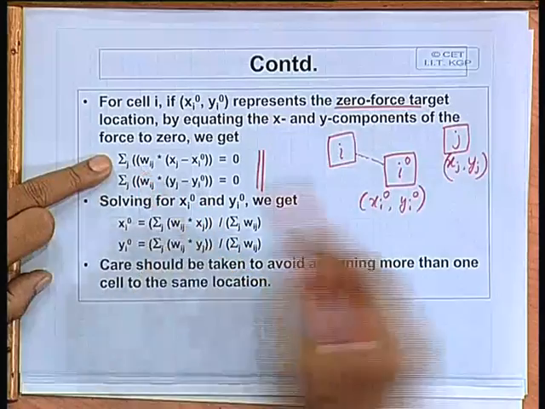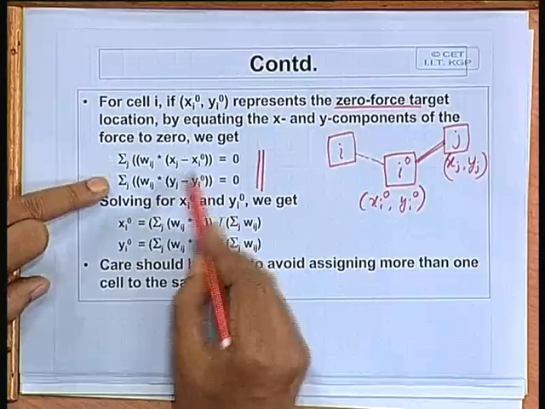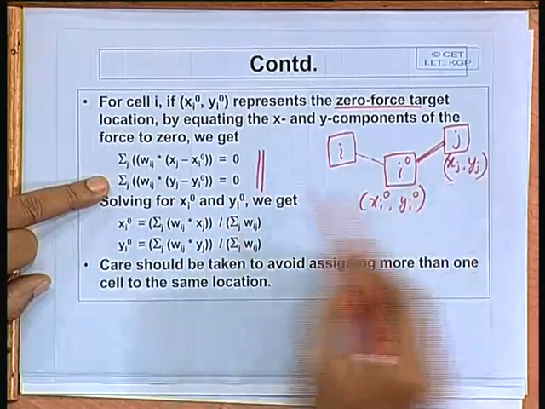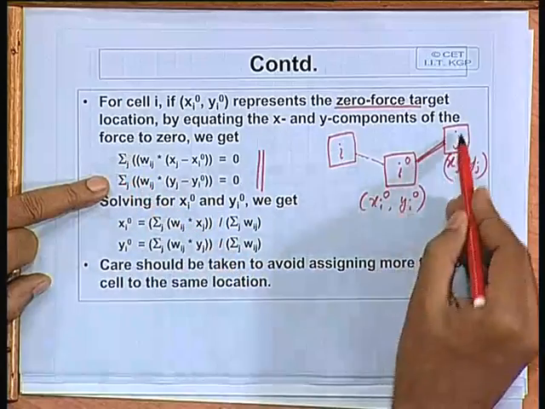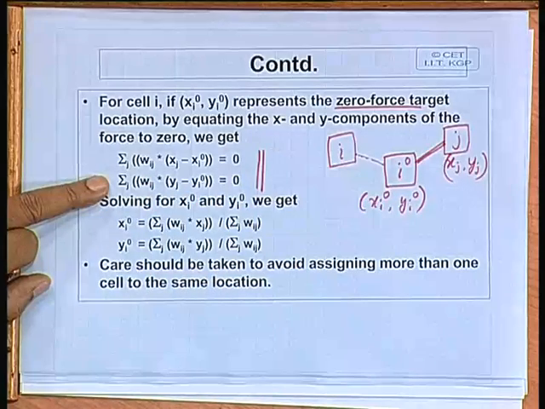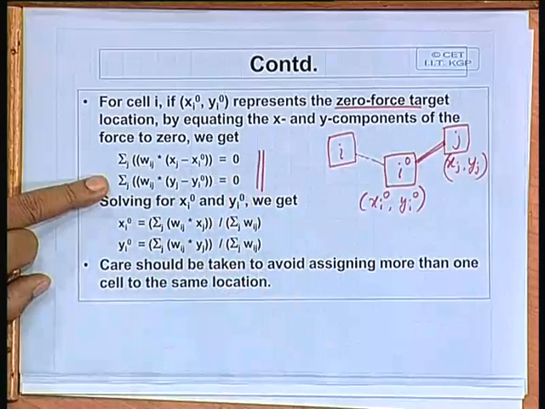One is the weight between these two multiplied by the difference in the x components, and the other is the weight multiplied by the difference in y coordinates. The sigma over all j's will be separately 0. The x components and the y components of the force were separately equating to 0.